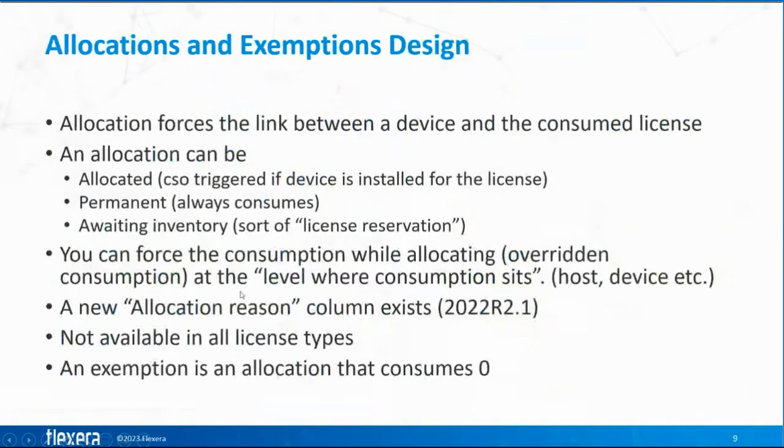So I'm now developing a little bit what an allocation and what an exemption is. An allocation forces the link between a device and a consumed license. An allocation could be simple. You just set allocated.